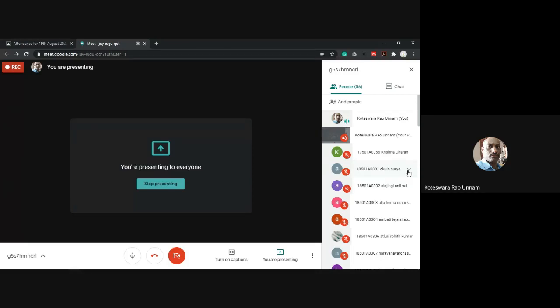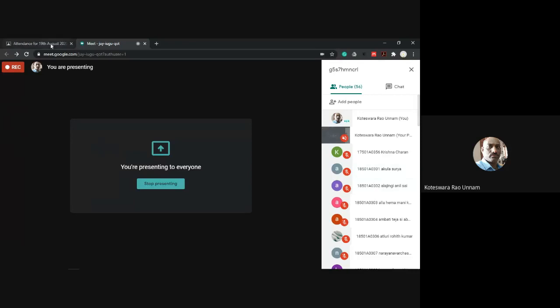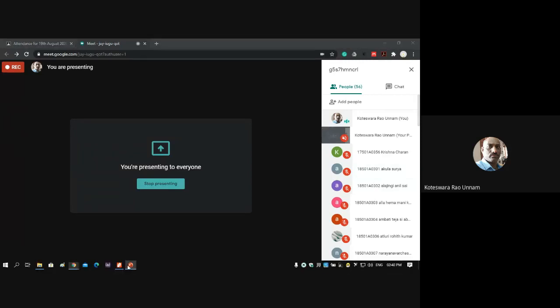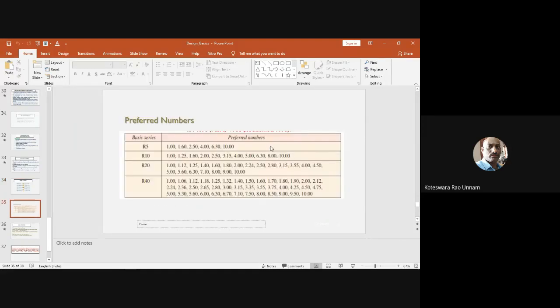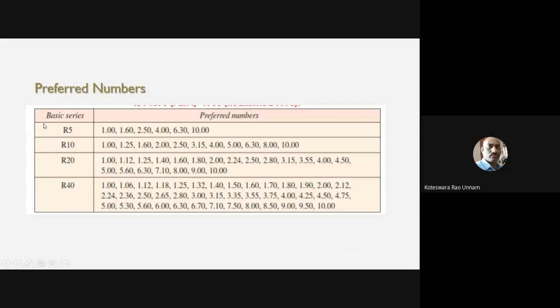Then 1 multiplied by the series factor. If I take R5 series, I have to take 1 and multiply 1 by 1.58, then I will get the first number. See now, in this picture I have shown all the preferred numbers in the R5, R10, R20 and R40 series.